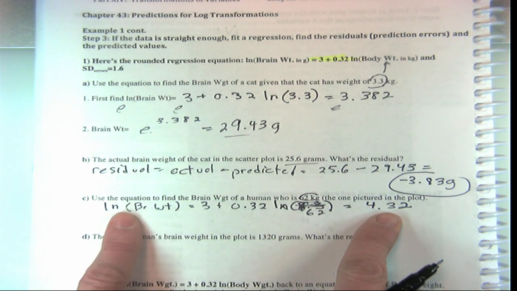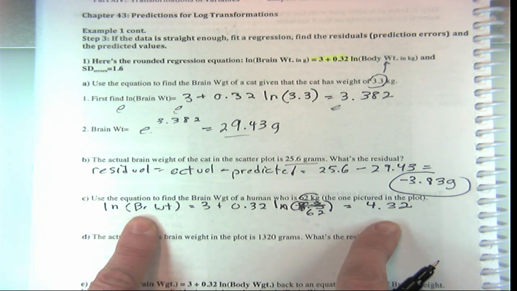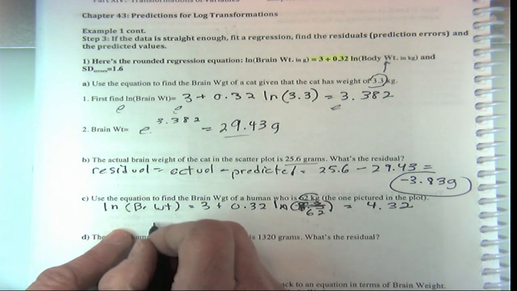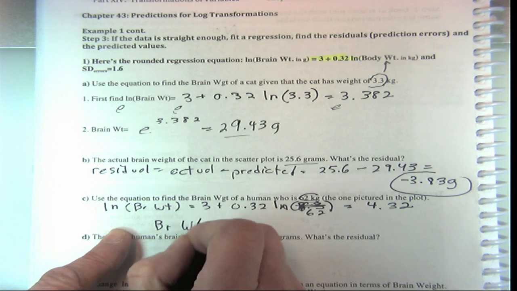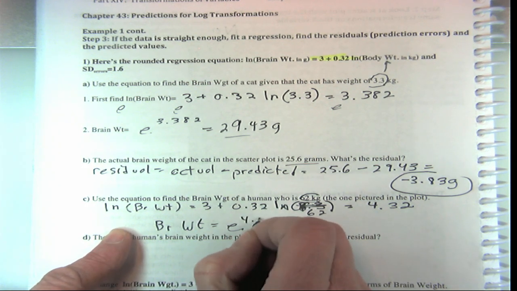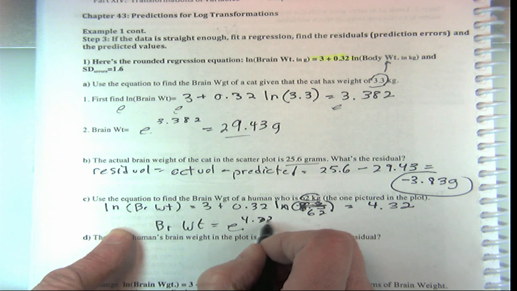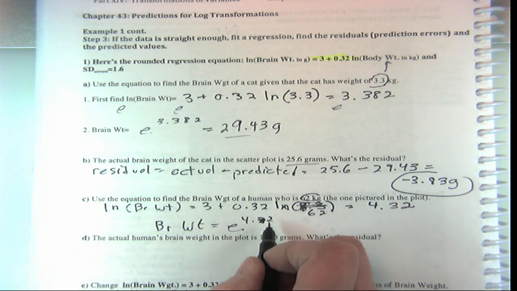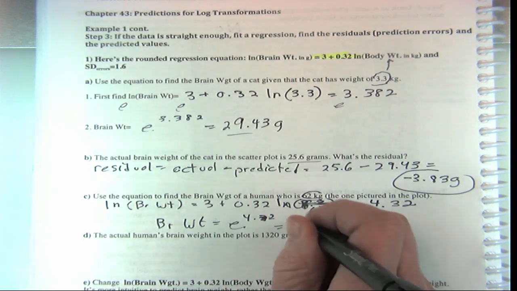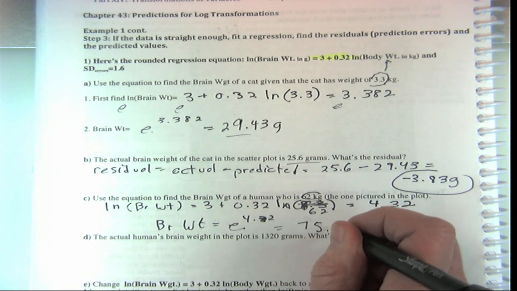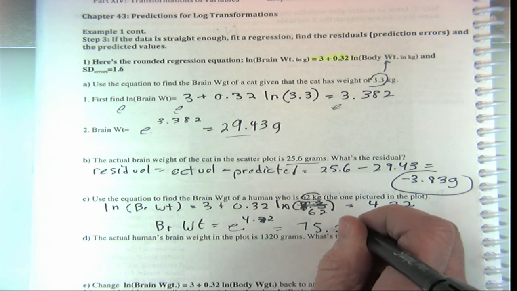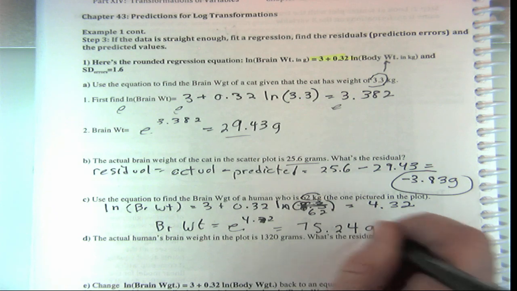So now we're not interested in the log. We want the actual brain weight, so we'll do the same thing we did before. So the brain weight is just e to the 4.32, okay, which is equal to 75.24 grams.